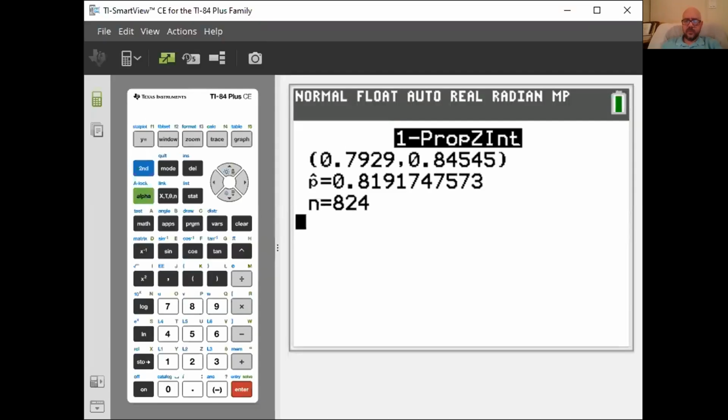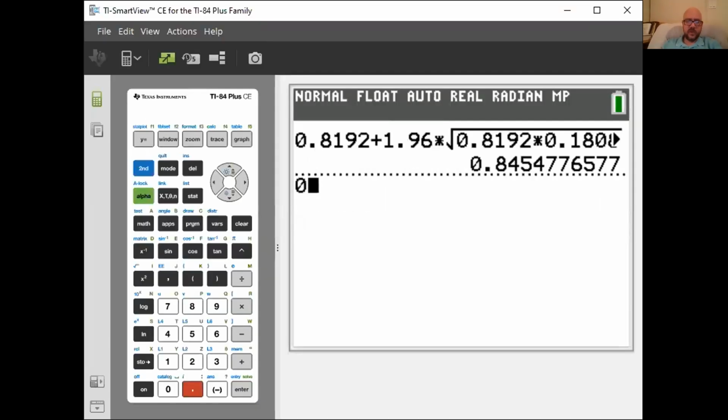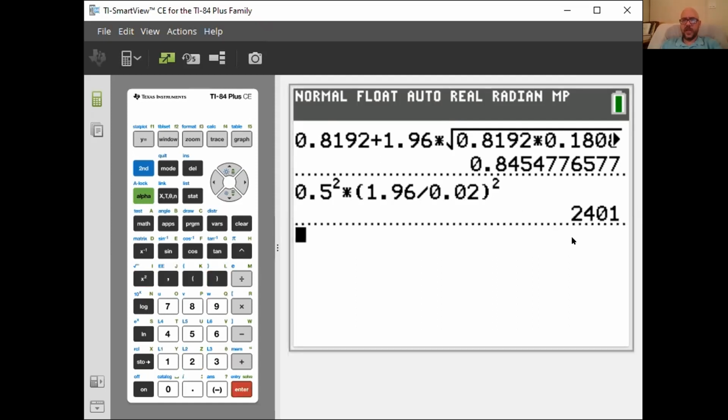So we're going to have 0.5 squared times 1.96 divided by 0.02, oops, sorry, I forgot to put parentheses, quantity squared: 2,401, which is a big number.